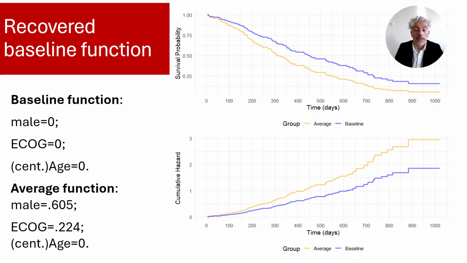And in this case, I decided to use centered age anyway, but I could have chosen a different average or a different value for centered age as well. The point really is that it's possible to compare the functions of a baseline individual against the function of individuals that have different values in the predictors.